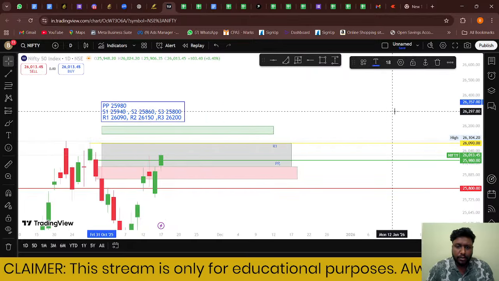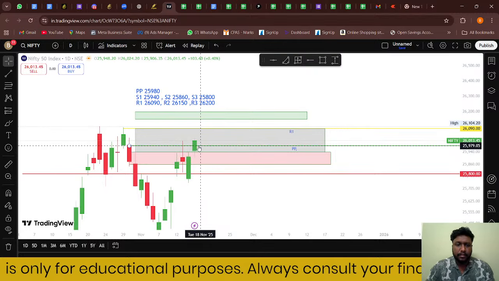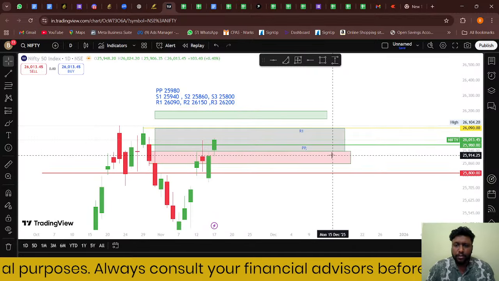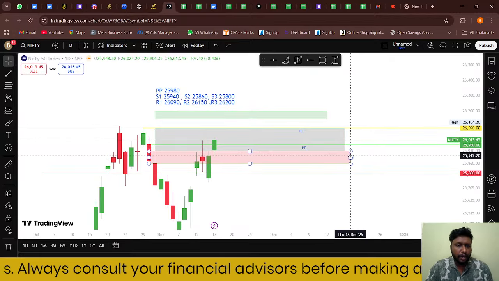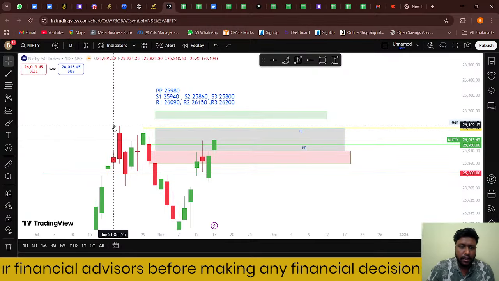You can clearly see that like yesterday, the spot is trading above the pivot line for the day. So we expect the bullish momentum to continue in the market, to retest all these particular levels with the previous highs.